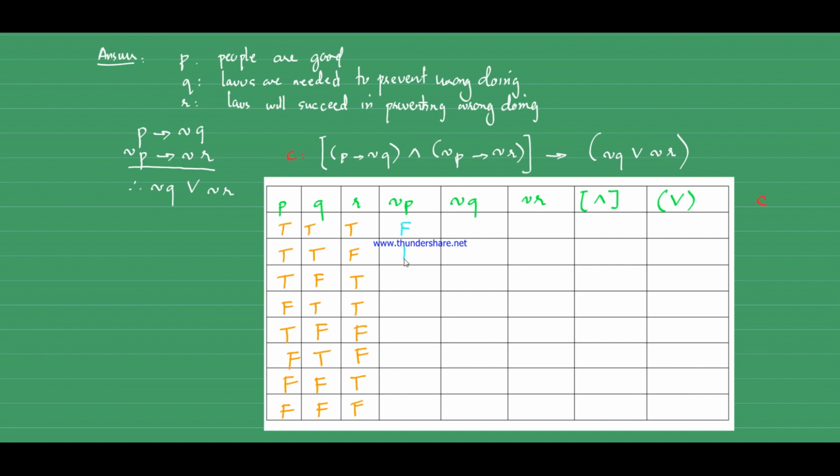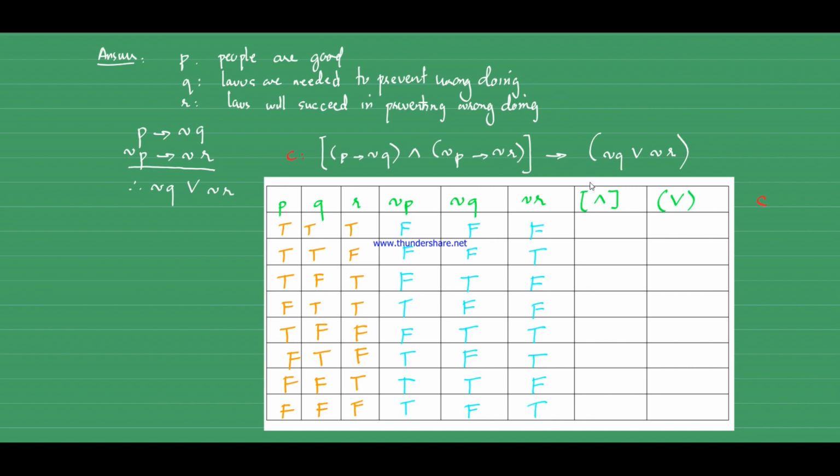Then 4, 4, 4, 2, 4, 2, 2, 2. Then negating Q, there will be 4, 4, 2, 4, 2, 4, 2, 4. Then negating R, there will be 4, 2, 4, 4, 2, 2, 4, 2.